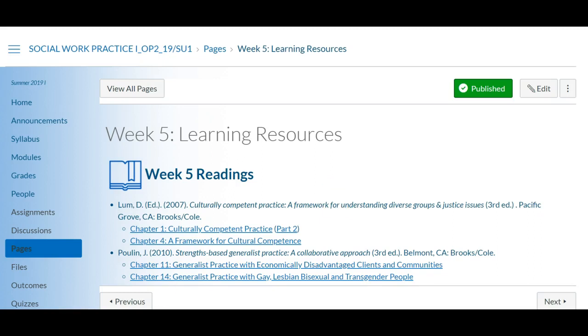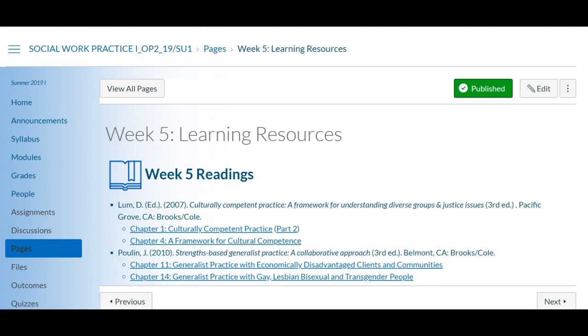These two chapters give a good framework for understanding what cultural competence is, understanding cultural competence as a process, as well as providing a framework for cultural competence, which incorporates the NASW Code of Ethics and various other important pieces of information, including some good definitions of culture and cultural competence.